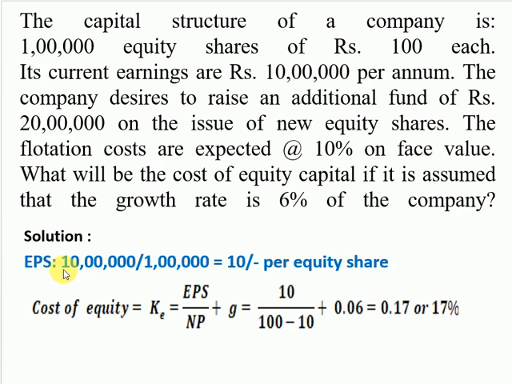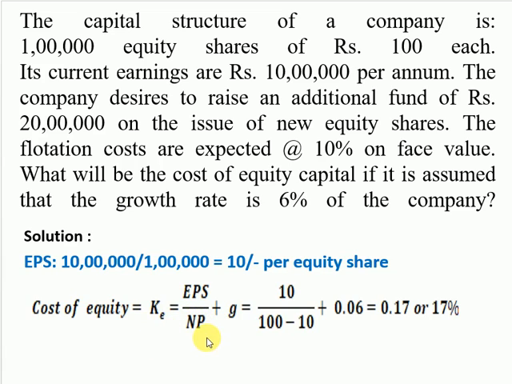Here EPS, that is earning per share, is calculated by the formula earning available for equity shareholders divided by total number of equity shares. That is 10 lakh divided by 1 lakh is equal to Rs 10 per share. Here K is EPS divided by net proceed plus growth in earning.